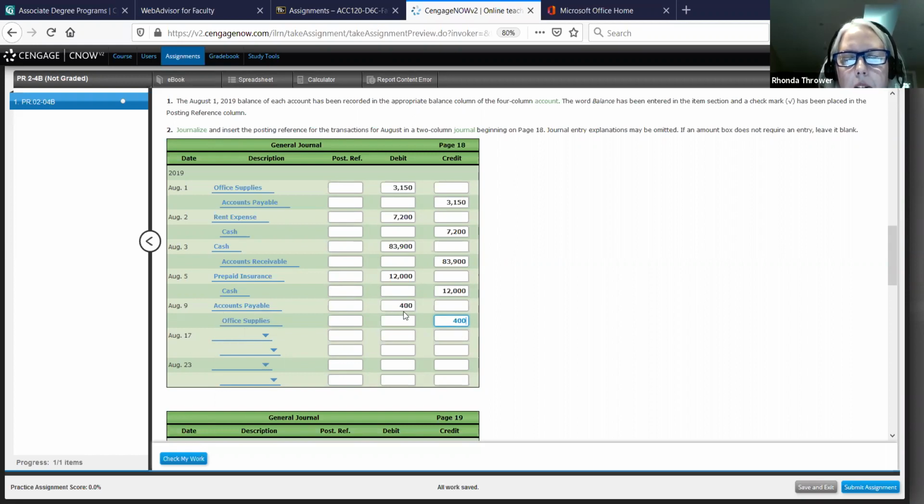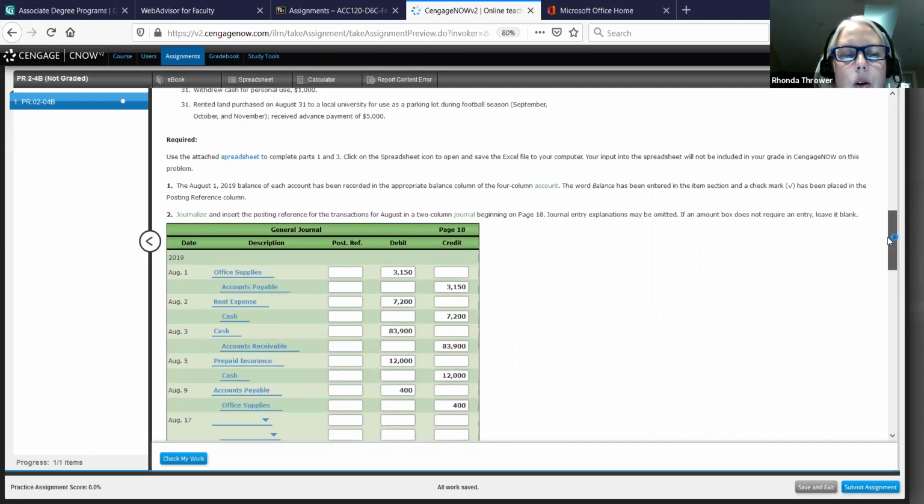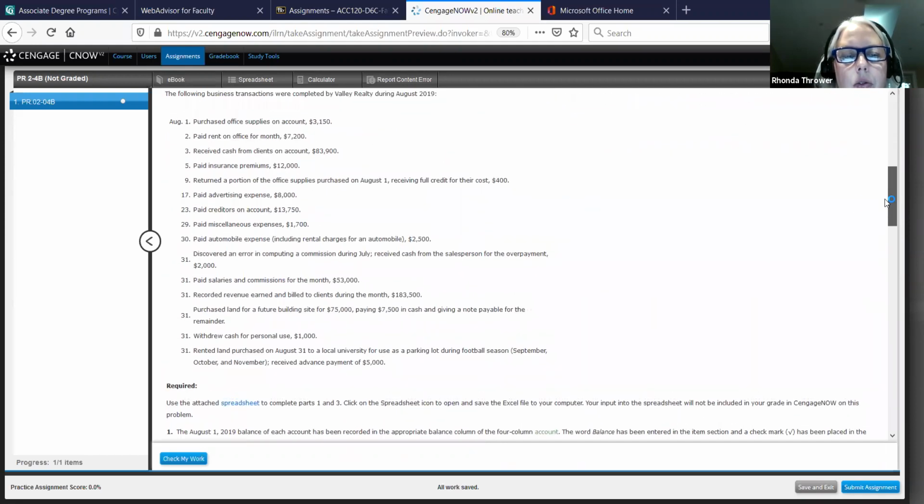So my liabilities went down and my assets went down. They both went down by the amount of $400. Our debits are $400, our credits are $400, our total debits are $400, our total credits are $400. So we're in balance. And we can move on to the August 17th transaction.